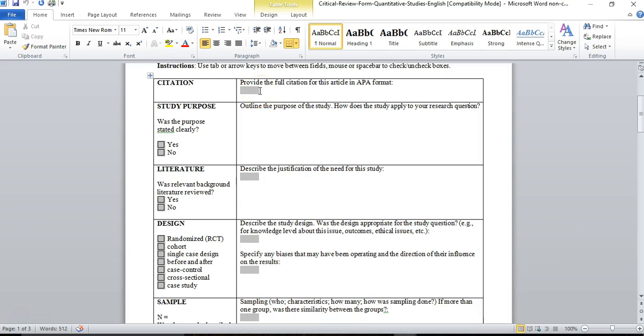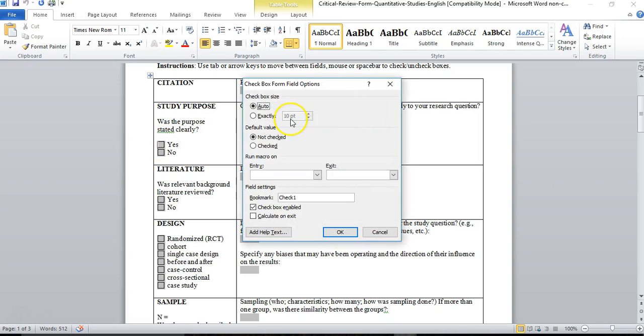So you'll have your citation, study purpose, outline the purpose of the study, how does it apply to your research question. For these boxes here, if you double click, so was the purpose stated clearly? Let's say yes it was. So double click and this pops up.